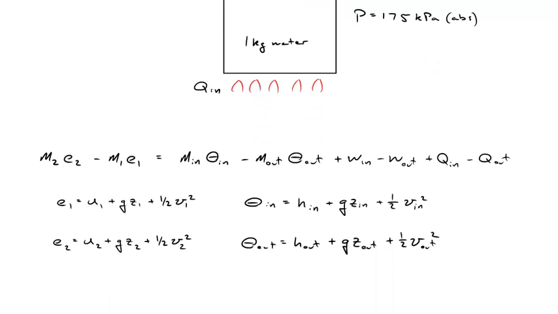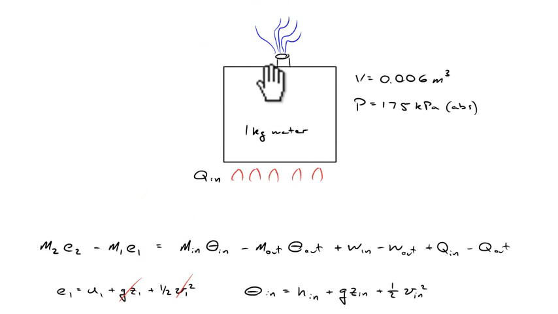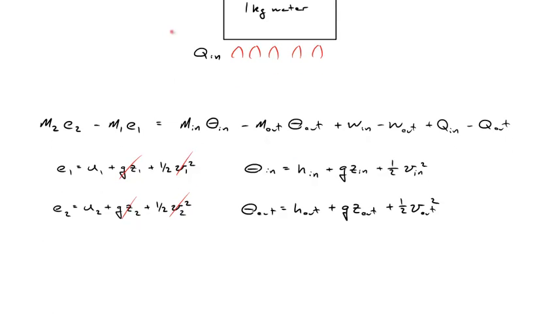So let's work with these equations and make some simplifying assumptions. Let's say the potential and kinetic energies of the system are essentially zero at state 1 and state 2. That means the total energy in the system initially and finally is associated with internal energy. And let's say that the energy being lost from the pressure cooker through the steam is only due to flow energy leaving it.